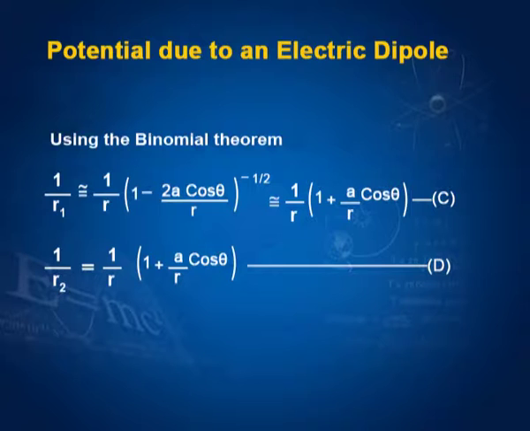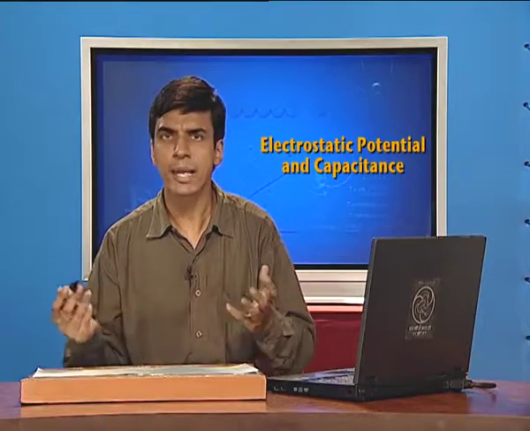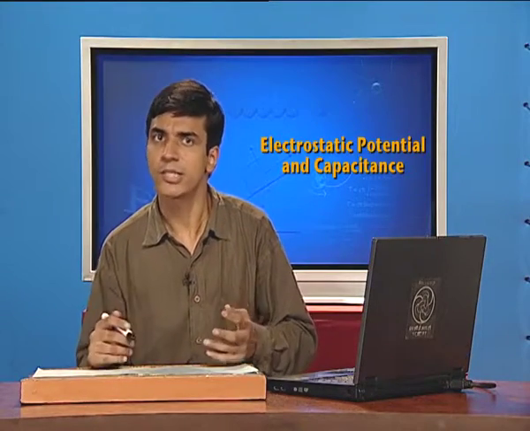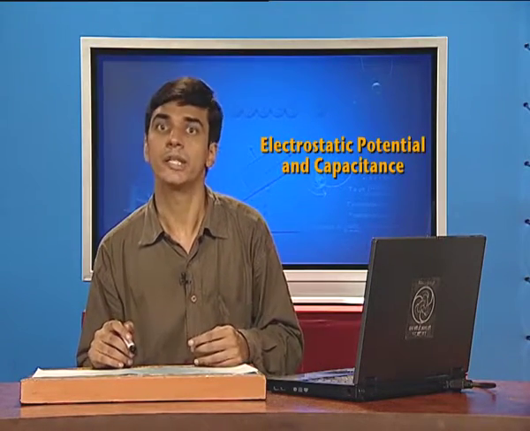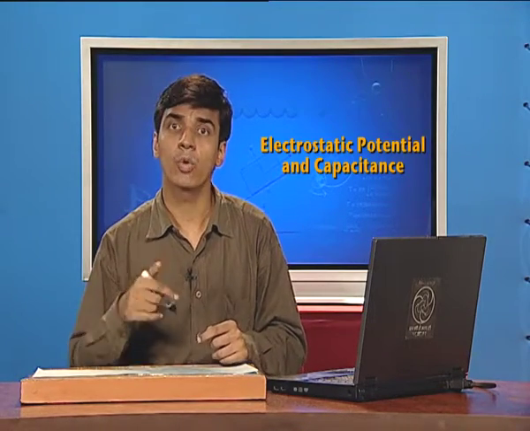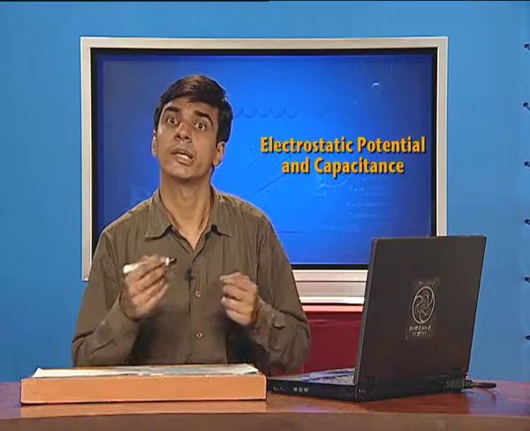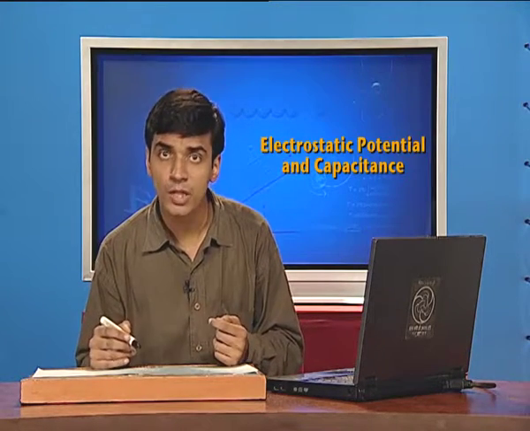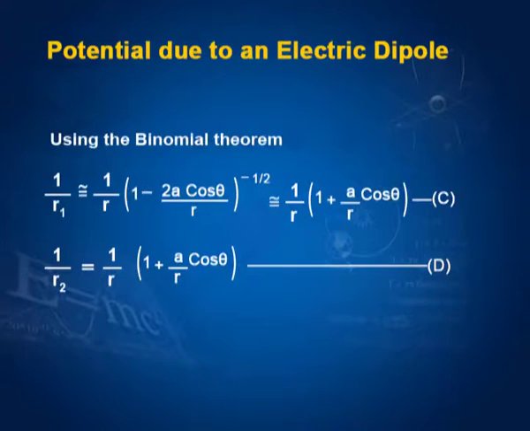But in the case of a single charge, we had 1 by r dependence, right? So why is it happening? Well, in layman language, since there are two charges, they have their own positive and negative potentials, and when I am doing the binomial expansion on all the other terms, the 1 by r square term comes into existence.